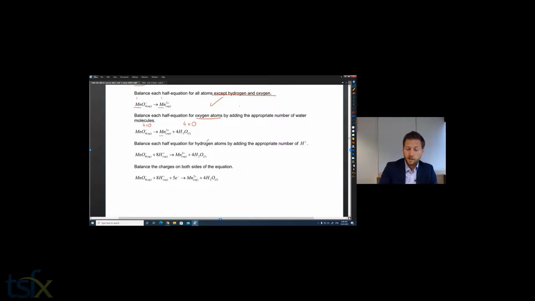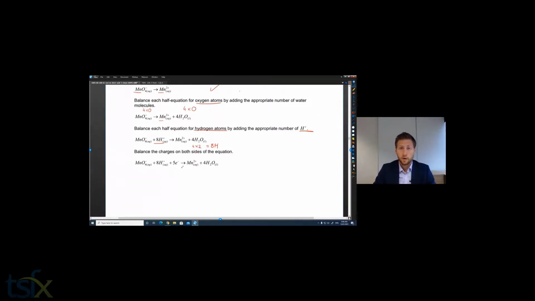Then from there, you balance the half equation with hydrogen atoms by adding hydrogen ions. There are 4 times 2 hydrogen atoms on the right-hand side, so on the left-hand side you need 8 hydrogen ions. And then you need to balance with the charge. If you sum the charge here, careful, it's -1 plus 8.